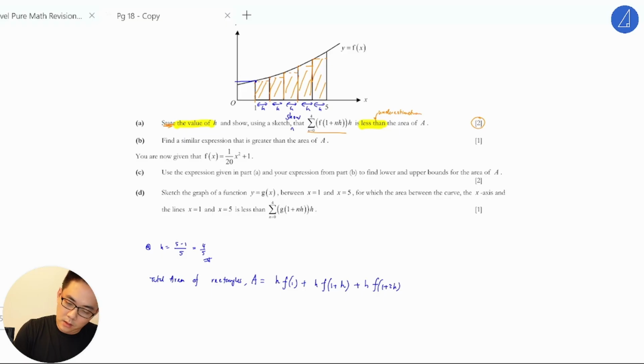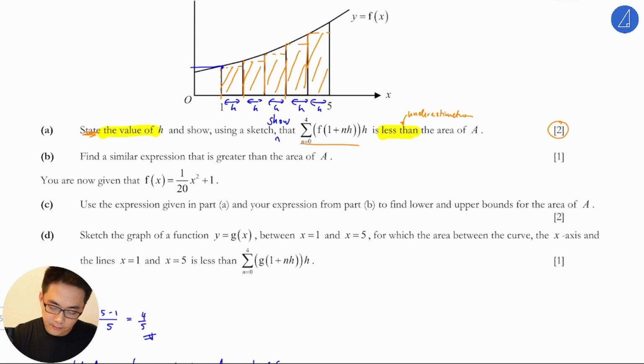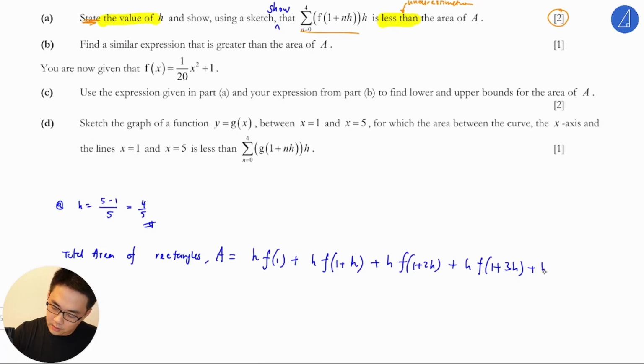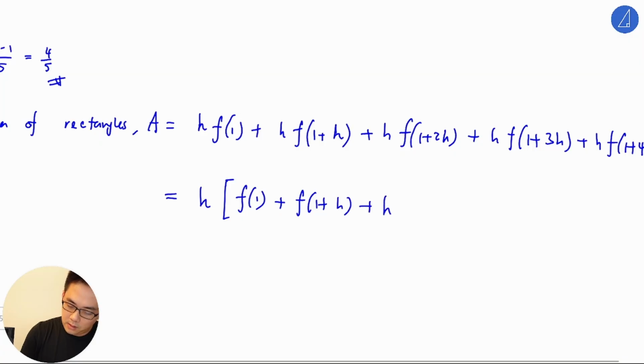In this case here it will be h times f(1 plus 3h). The last one will be 4h, so f(1 plus 4h). Same thing, you just do this. Factorize the h out.